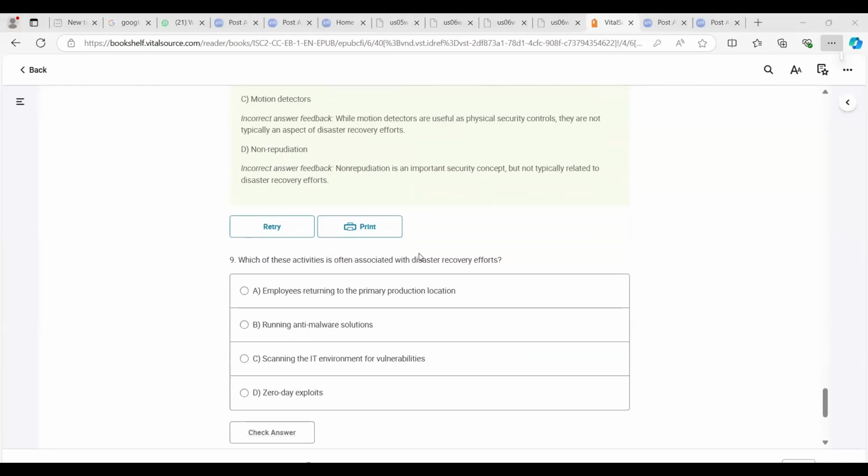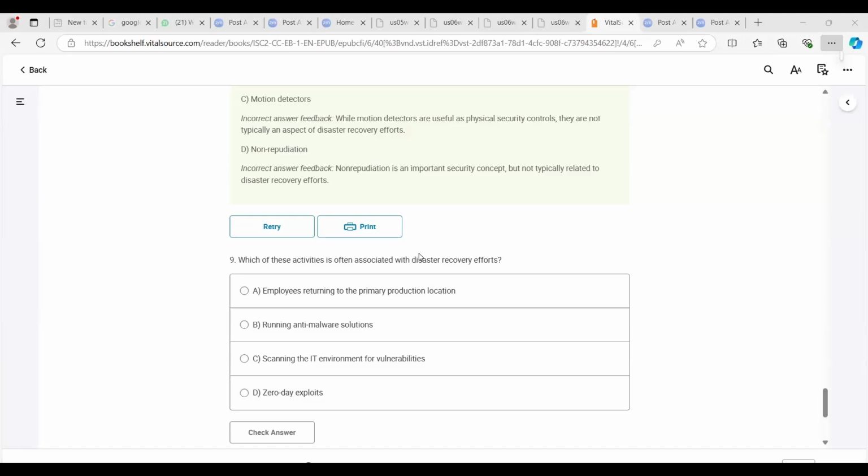Number 9. Which of these activities is often associated with disaster recovery efforts? Employees returning to the primary production location, running anti-malware solutions, scanning the IT environment for vulnerabilities, zero-day exploits. So which one is the answer? Disaster recovery efforts. What's the answer?